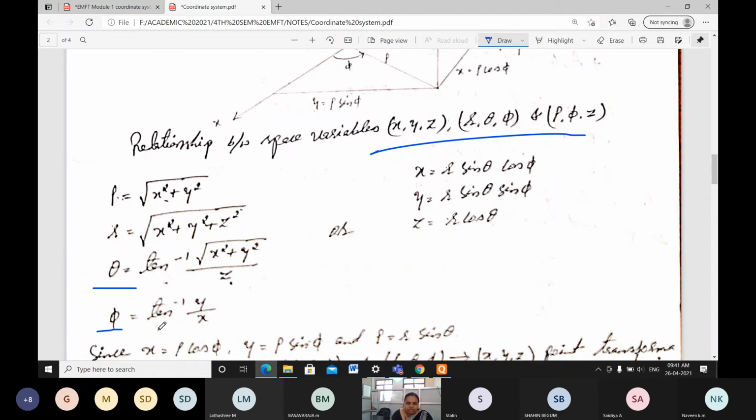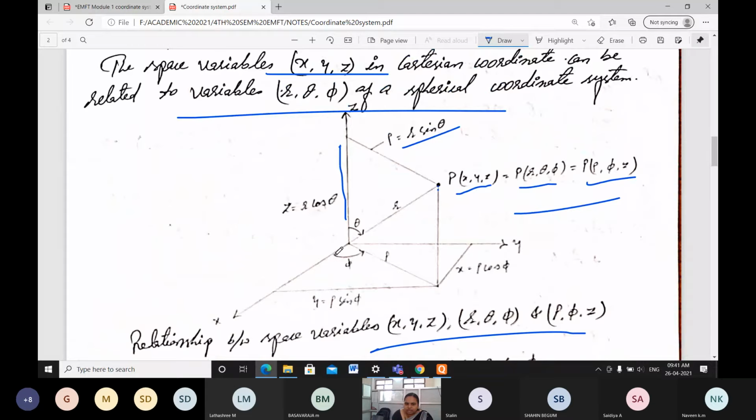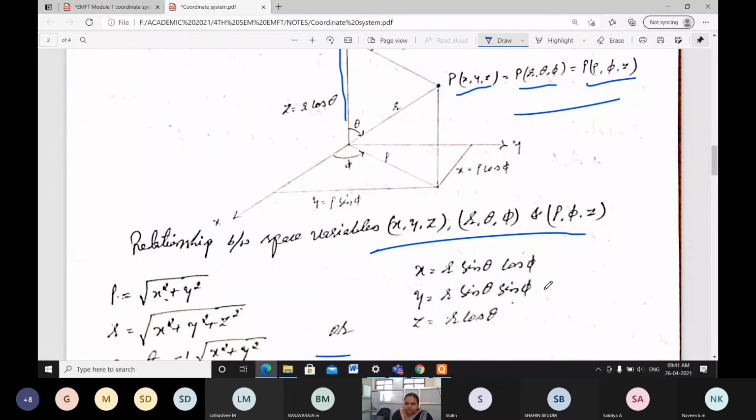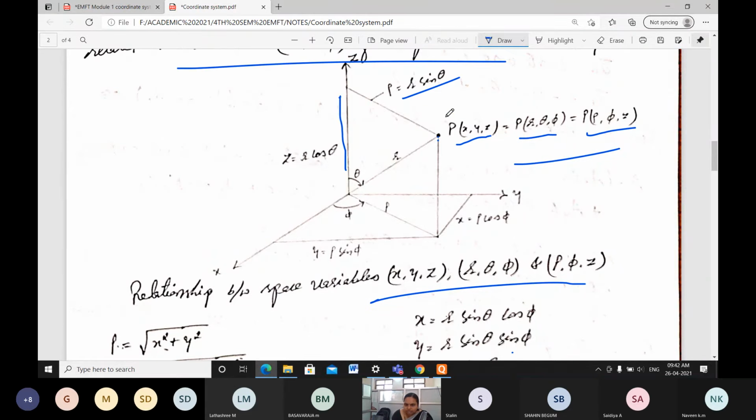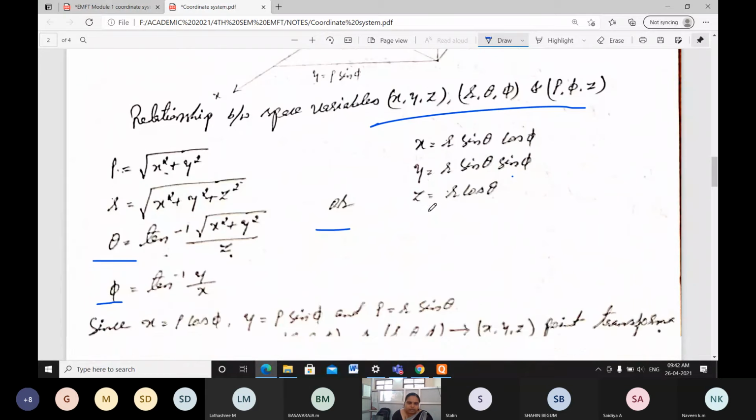Phi is the same as what we took previously, tan inverse of y by x. In the other direction, x is r sin theta cos phi, y is r sin theta sin phi, and z is r cos theta.